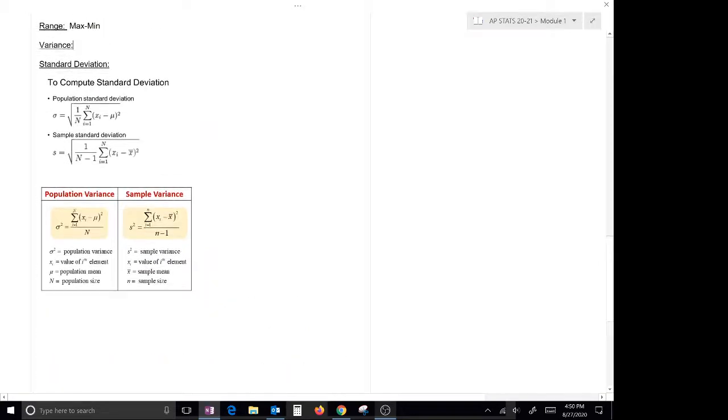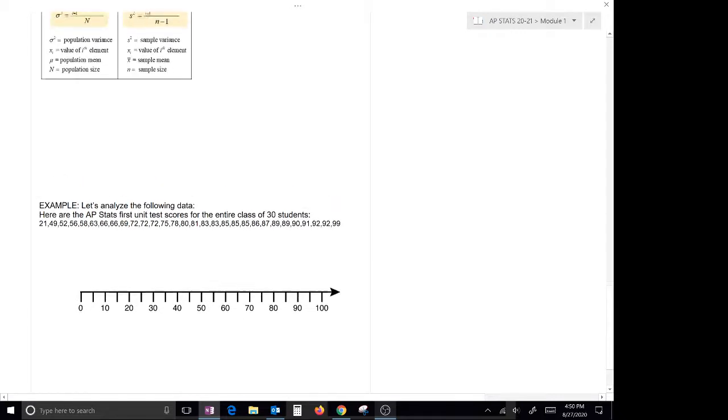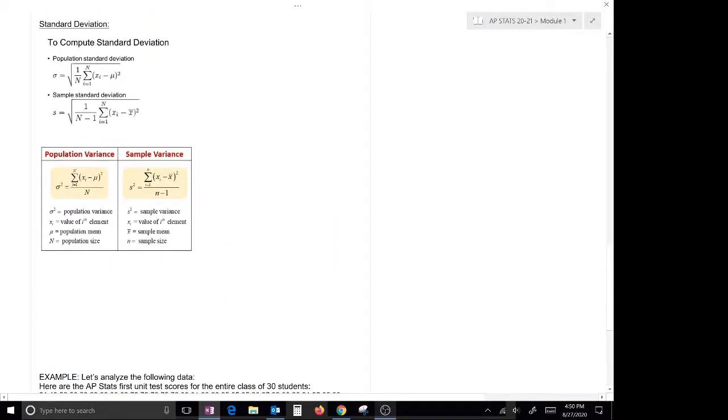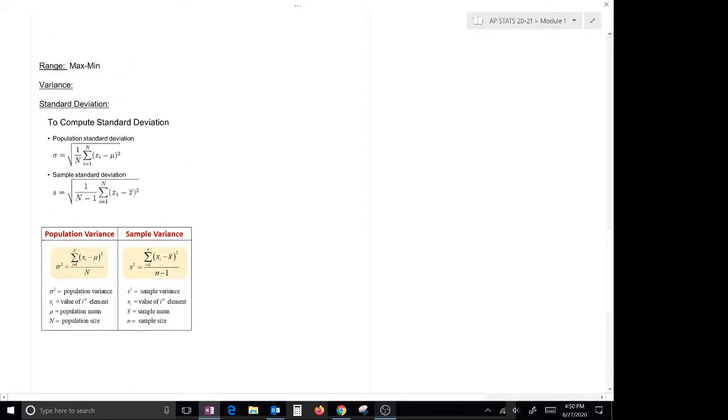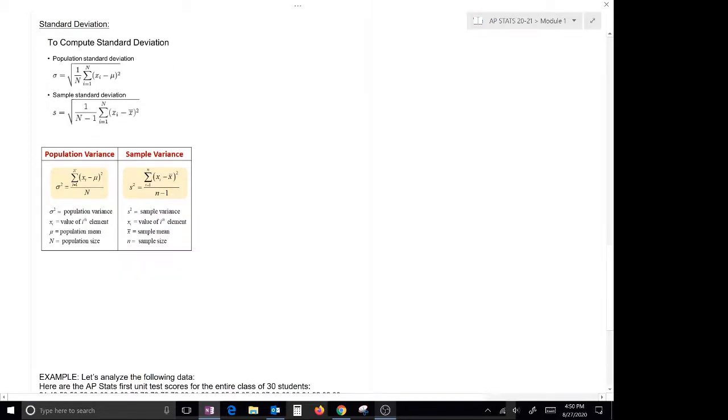Let's say we've got a class of 30 students, and we want to analyze the data. Very important: there are two different equations for both variance and standard deviation, and they have different letters representing them.